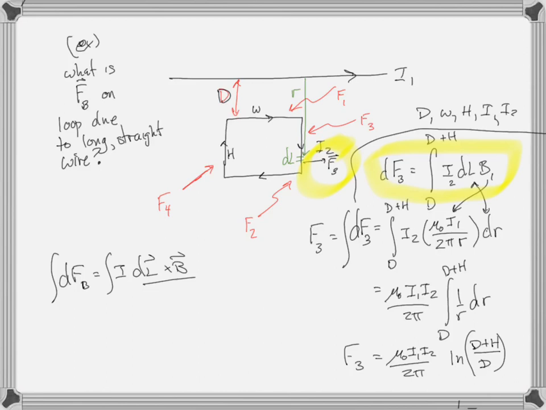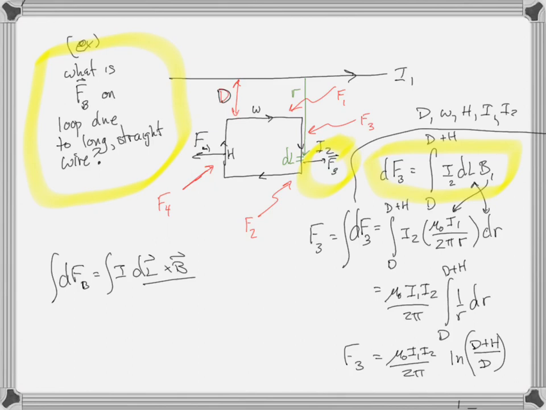But that was completely unnecessary in order to answer this question, because look at the force on the left. The force on the left is going to be the exact same thing, but it's going to point in the other direction. So F4 is going to point to the left, and F3 is going to point to the right. So those two forces are equal and opposite, and so they cancel.